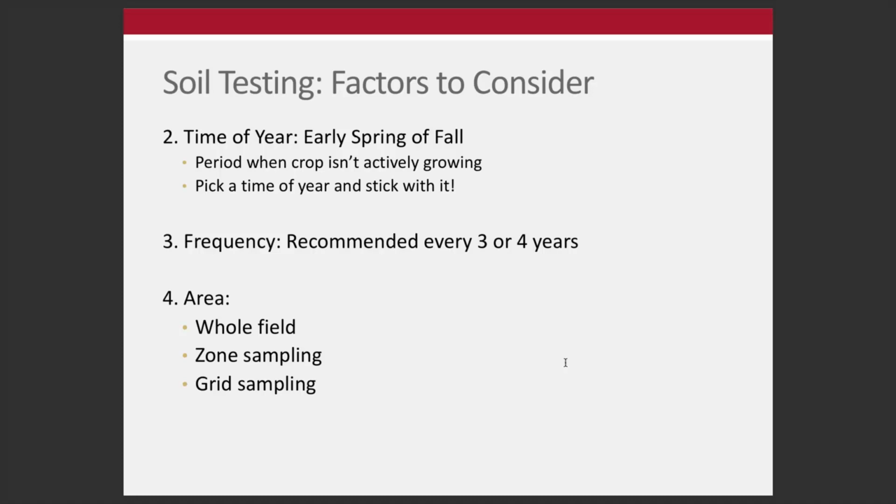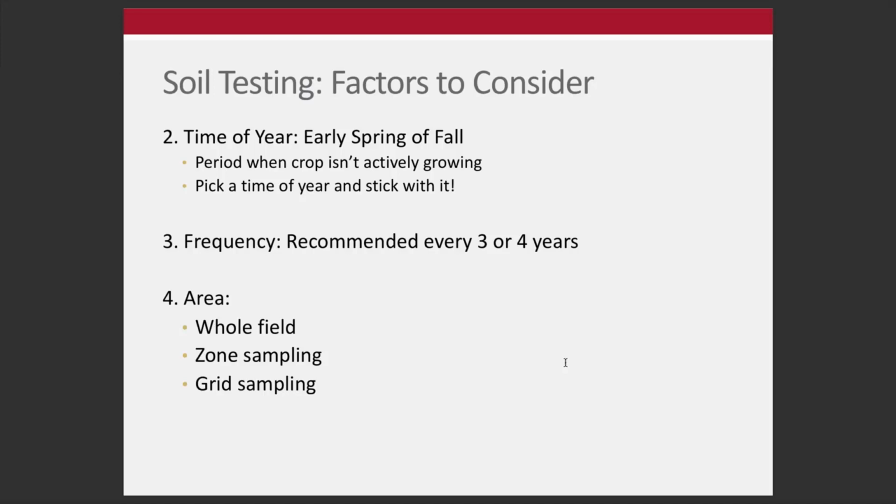So if you're going to sample a field in the fall at a 0 to 8 inch depth, and you come back 3 years later and sample in the spring, or even worse, in the middle of the summer, and you sample to 6 inches, how consistent is that information going to be from time to time, right?